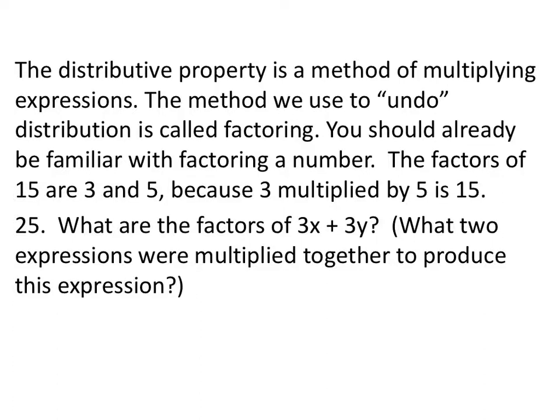Well, this is how this works, okay? So we would look at the factors of 3x and 3y, and there's two factors of 3x, 3 and x. And there's two factors of 3y, which is 3 and y. Now, 3 is a prime value, so we don't actually have to list the 1, because you could list 1 an infinite number of times and it would just give you 3 back. So not really a big need for that, okay?